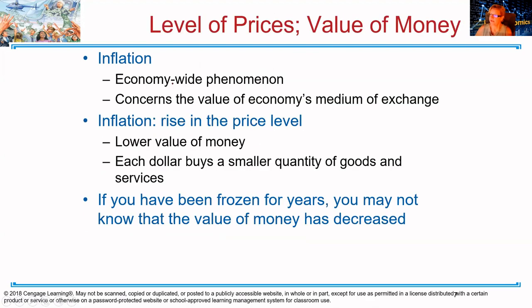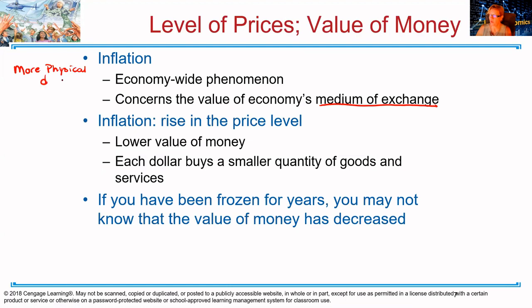Okay, so inflation affects everyone, some more so than others, as I discussed in the last slide. And again, it talks about the idea of the function of money being a medium of exchange, because when we have inflation, it takes you more physical dollars to buy the same amount of products and services.